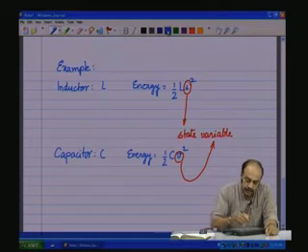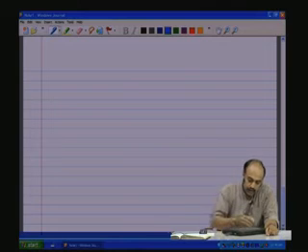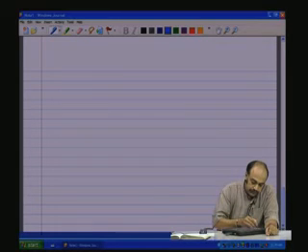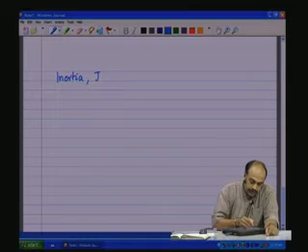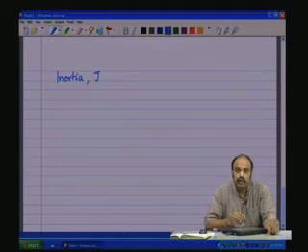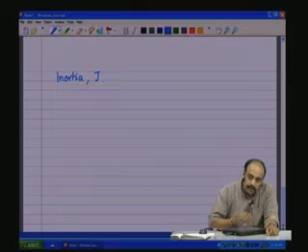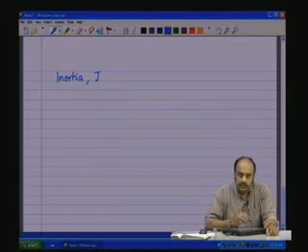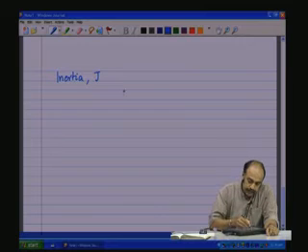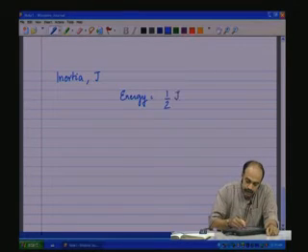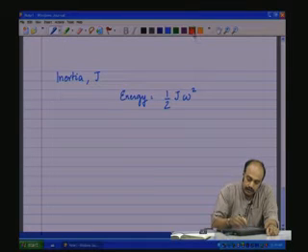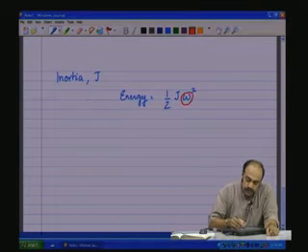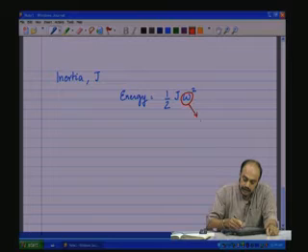Or in any other domain for that matter, if you take an inertial element J, which is being rotated by a shaft of a motor, J also stores the kinetic energy of the angular rotation, and the energy is given by half J omega square, and therefore, the omega, the angular speed of rotation, is a candidate for being considered as a state variable.